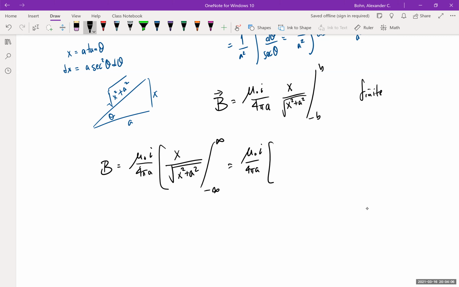Infinity over the square root of infinity squared, which sounds like 1. But that's a little bit hand wavy.